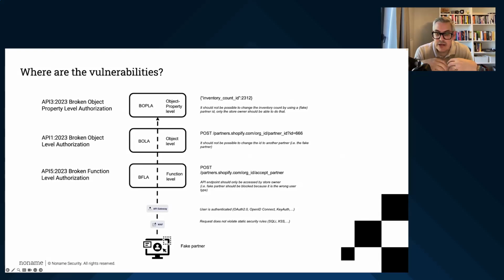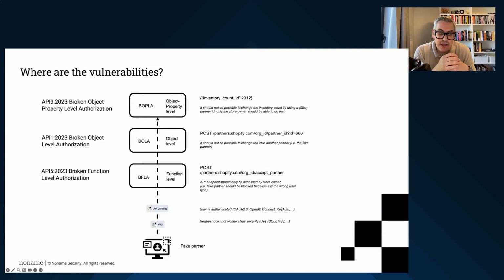What I could do is register myself as a partner, even though I'm not actually a partner of your e-commerce platform. I could accept myself using this broken function level authorization problem. That endpoint was known. That endpoint is supposed to only be used by the store owner, the e-commerce owner. But if you call it directly, you could create a post to it and accept yourself as a partner.